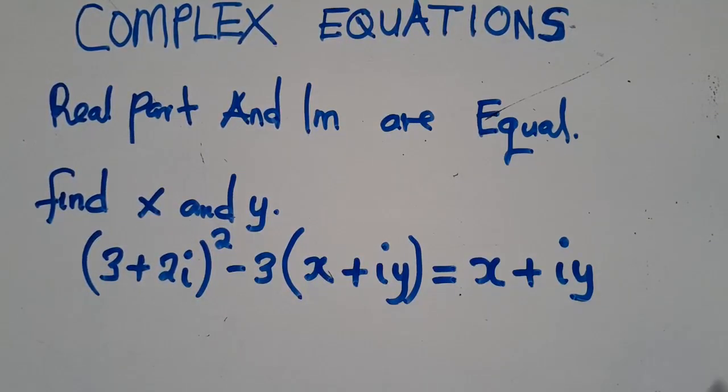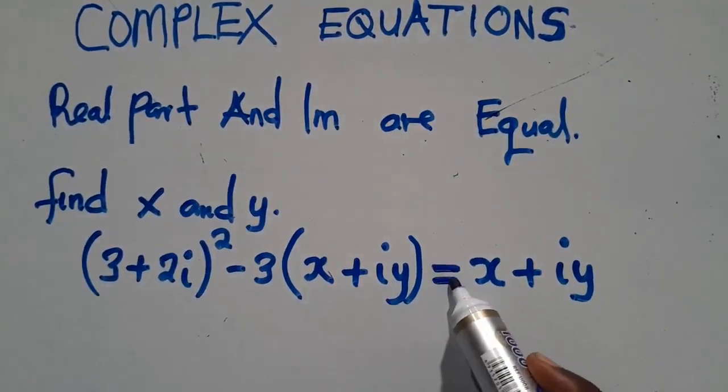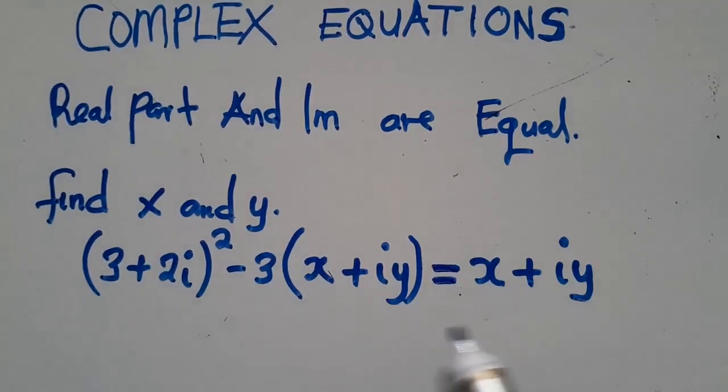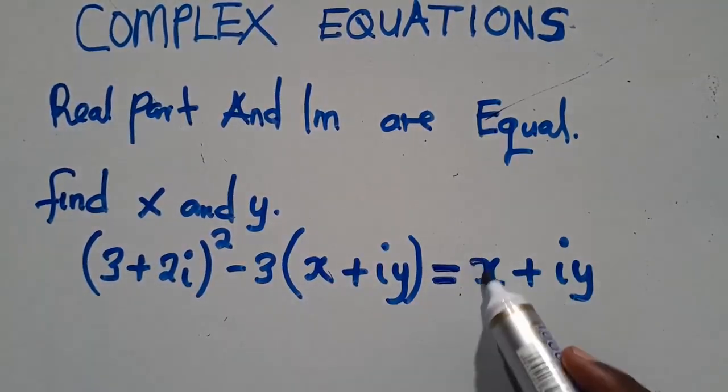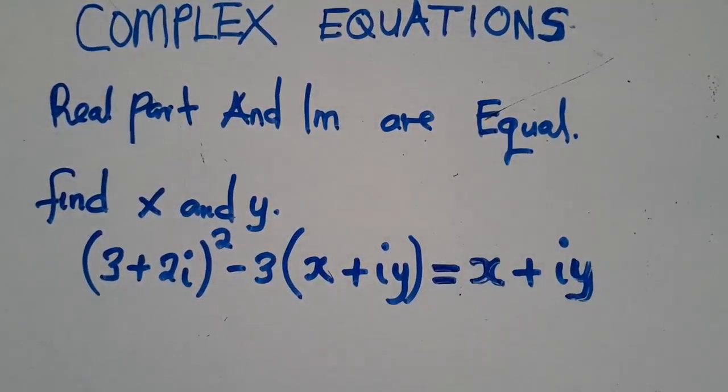If two complex numbers are the same, we establish an understanding that if there is an equal sign here, what is here is equal to what is there. So we want to find the value of x and the value of y.